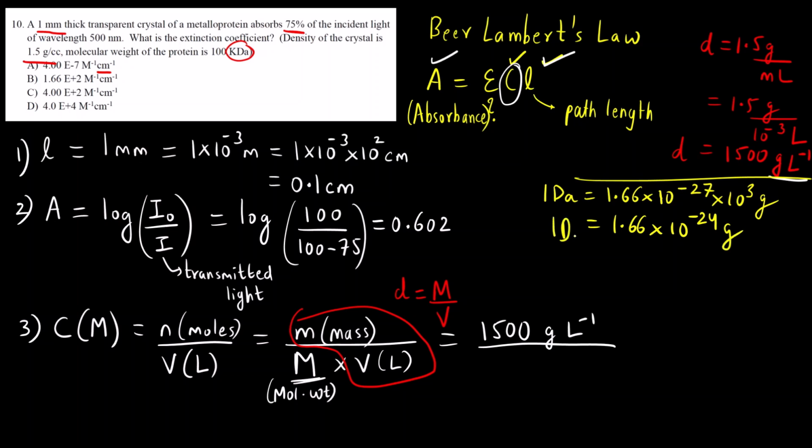That is 1 dalton. But how many daltons do we have? The value given is 100 kilodalton. So that will be 10 raised to 2 into kilo, that is 10 raised to 3, into 1 dalton, which we have written just now, that is 1.66 into 10 raised to minus 24 gram.